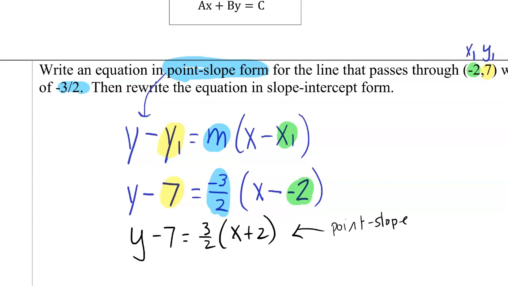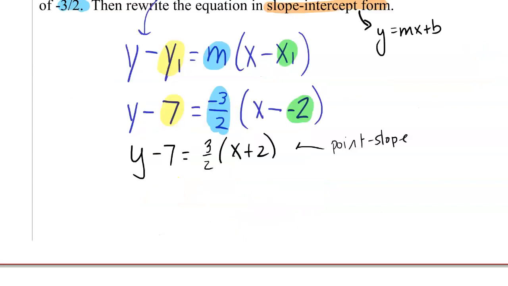But this problem does say to rewrite the equation in slope-intercept form. So now we're saying, okay, we did this yesterday. Now let's say we put it into point slope form, but now we want to change it into slope-intercept form.